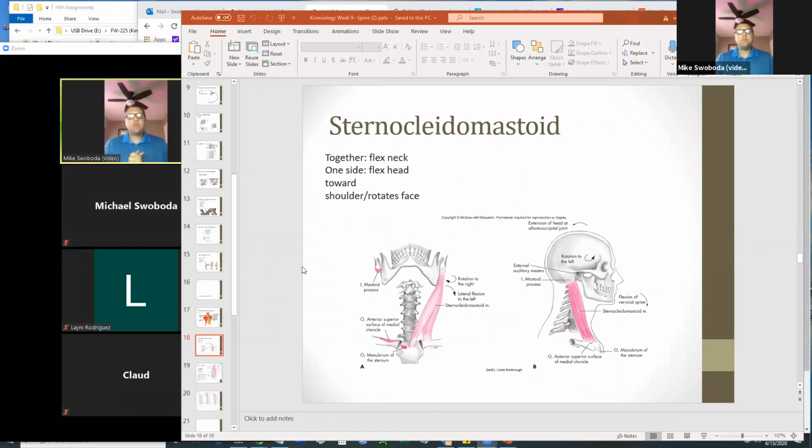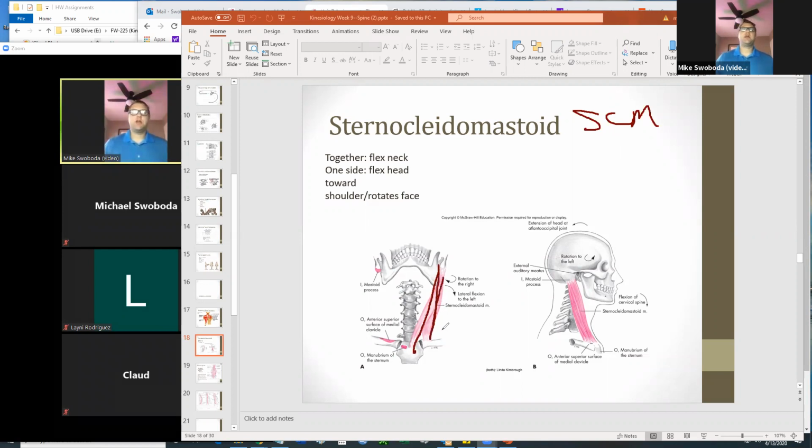Now, the major movers you have, so these are our prime movers. Your sternocleidomastoid, you may see this abbreviated as SCM. This here is going to primarily be the main thing that moves my neck. So you have two of these. Even though it's only showing one, you have two.